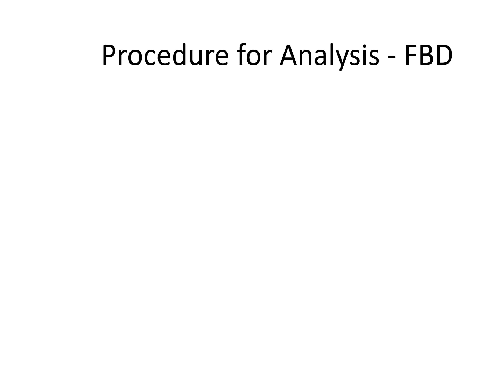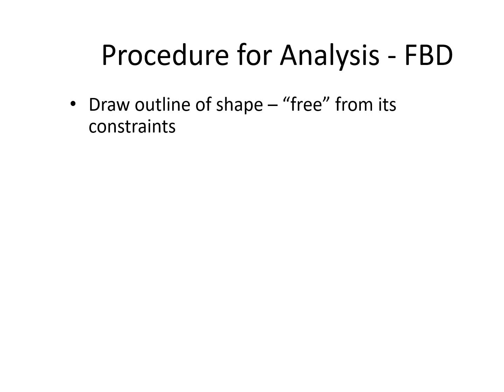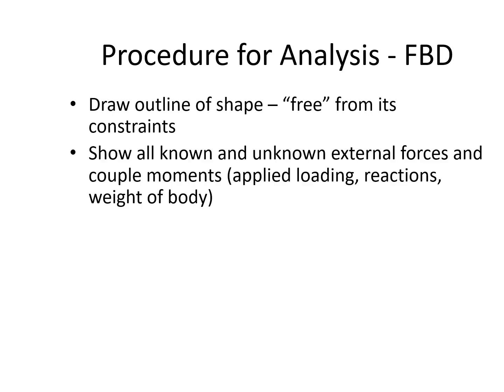So how do we draw the free body diagram? The first step is to draw the outline of the body, outline of the shape free from all of its constraints. And then we show all of the known and unknown external forces and couple moments on that body. So this will be all the applied loadings, reactions, as well as the weight of the body if it's included.